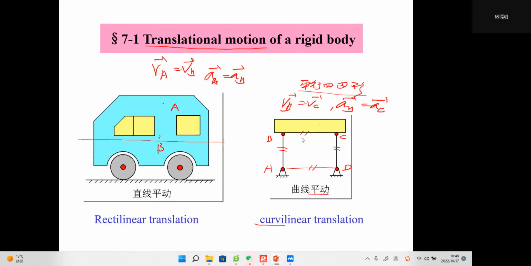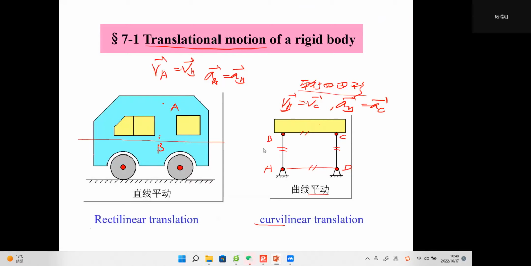Just like this parallel linkage mechanism, we call that 平行四边形机构, right? This linkage will have a curvilinear translation, which is also a translational motion. Any 2 points on this yellow one will have these characteristics: VB always equals VC and AB always equals AC.